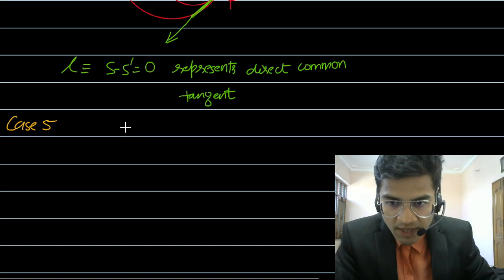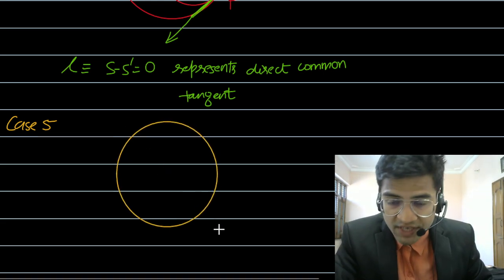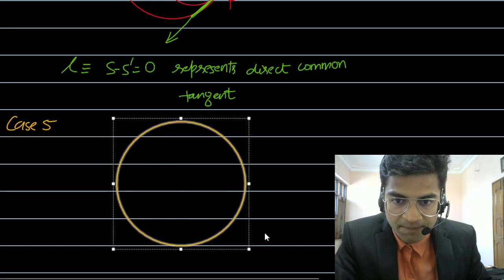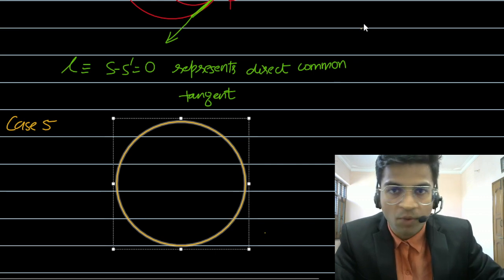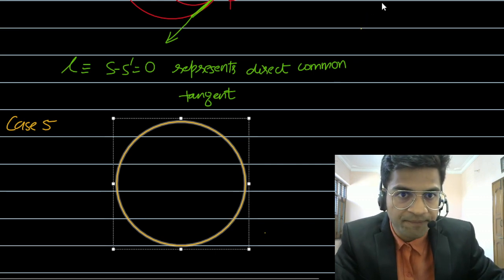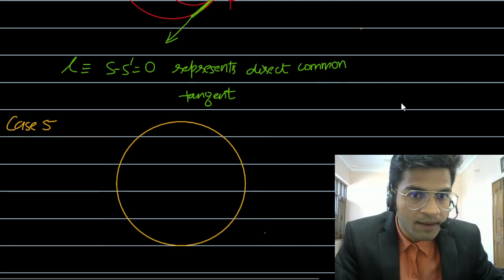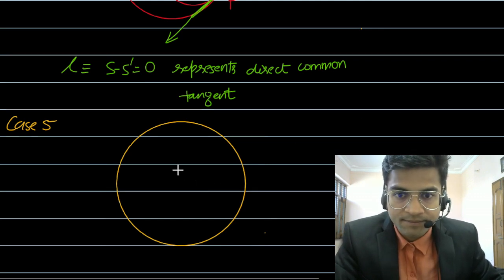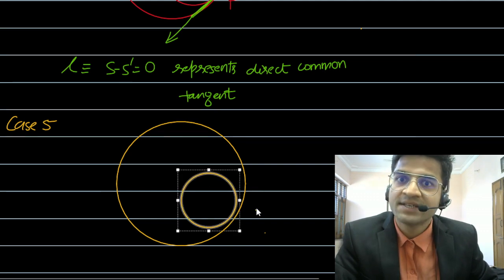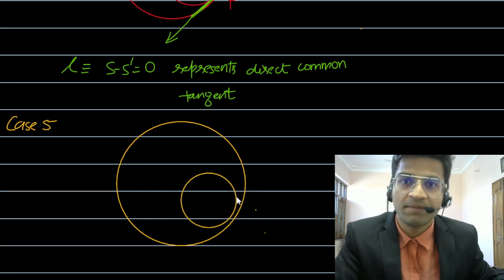So the figure of case fifth will be of this type: a bigger circle and a smaller circle lying inside the bigger circle, but they are not concentric.